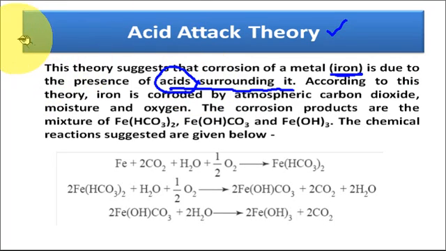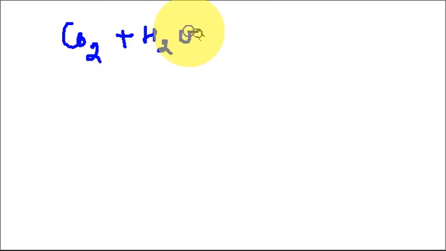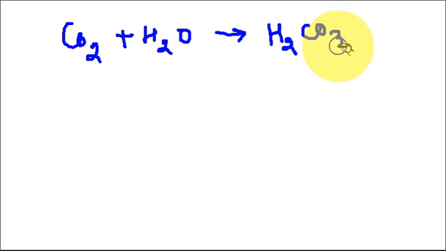According to this theory, some acidic oxide gases like carbon dioxide, sulfur oxides, and nitrogen oxides present in the metal surroundings form corresponding acids by reaction with the moisture in the surrounding.